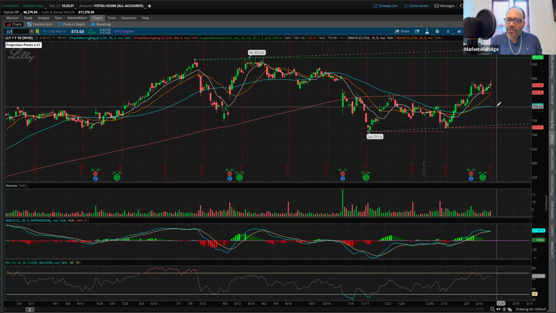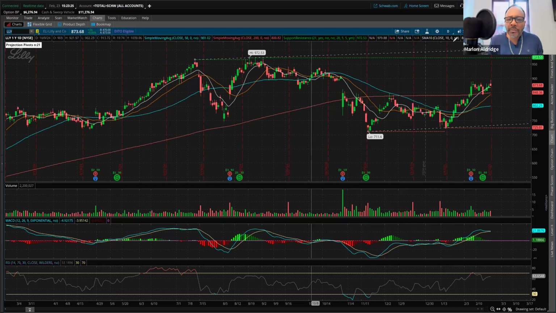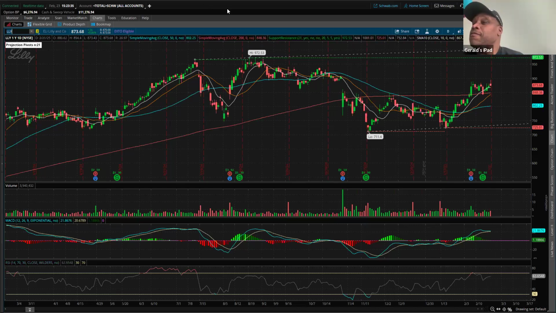What color is that? Orange? No, wait a minute. I can't see that well. My colors. Let me see. No, that's the 20-day. The 50-day is the red one. Yeah, the 20 is about to go past the 50, or it seems like it's right next to it.